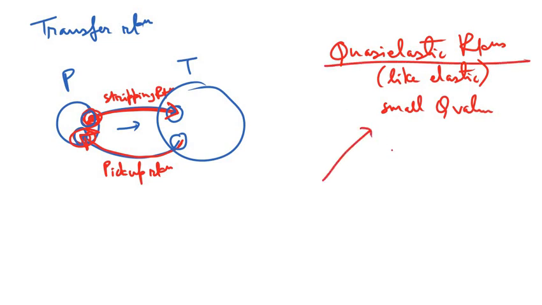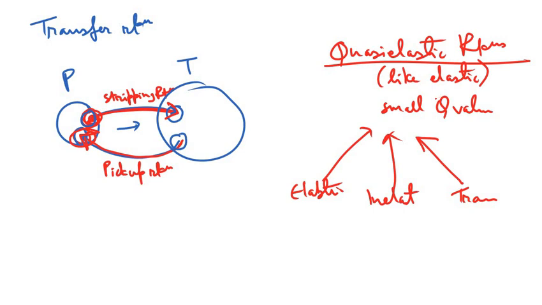So basically, this is for elastic scattering, then inelastic and transfer reaction. These three are collectively sometimes known as quasi-elastic reactions. Okay. If someone wants to ask something, please ask. Fine. So we have talked about quasi-elastic reactions.